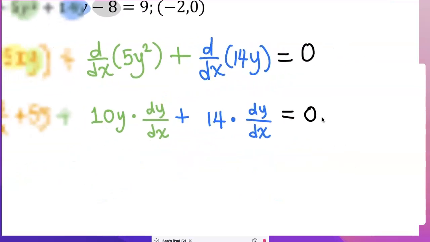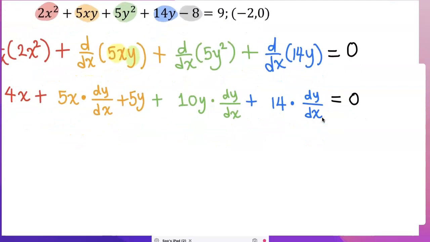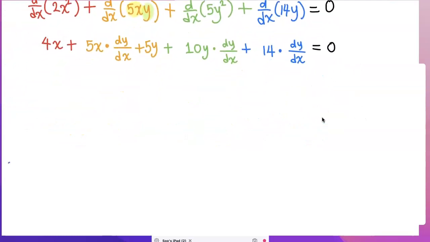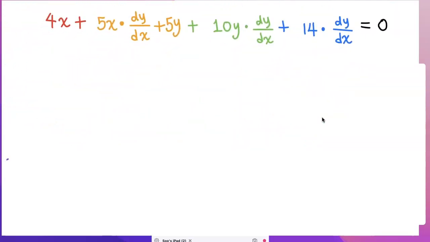Now I'm going to look at all my terms, and if a term has dy/dx, I will circle it. Look at this first one: plus 5x times dy/dx. It has dy/dx, so I circled it. What else?